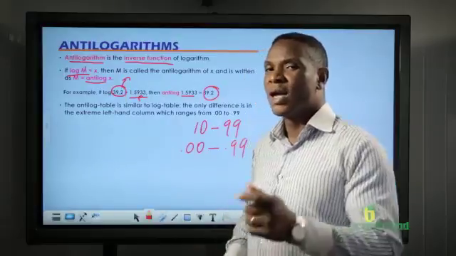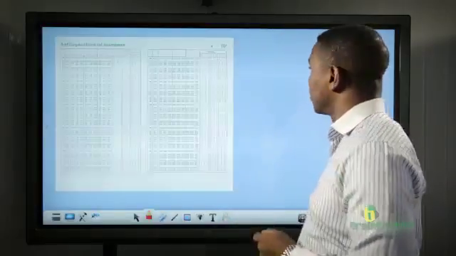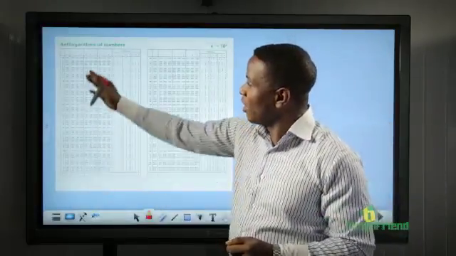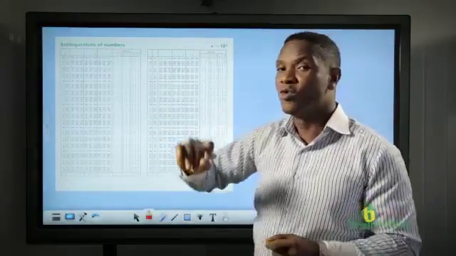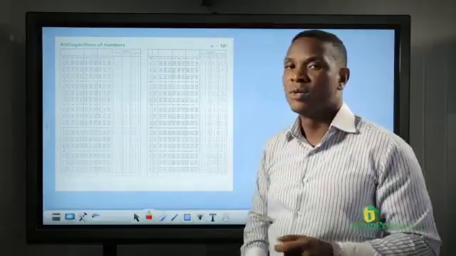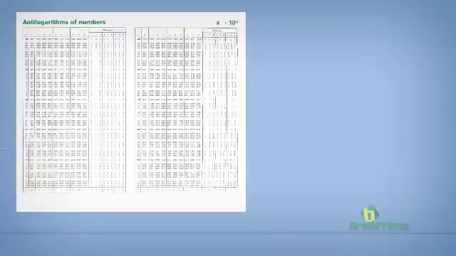Let's take a look at what the antilogarithm table looks like. So we have our antilogarithm table here. If you do not look closely, you may imagine it to be the logarithm table. They are very similar. But if we look closely, we will see our value range here as 0.00 down to 0.99.